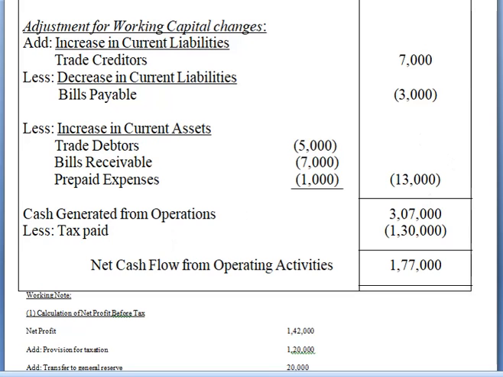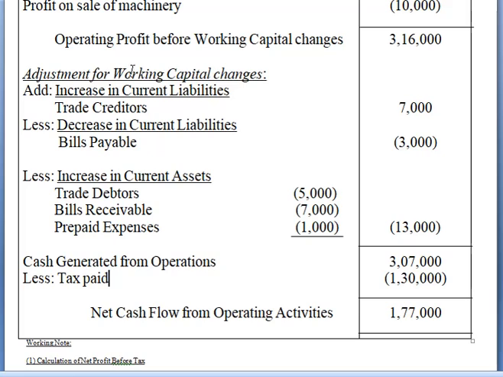So after doing the adjustment for working capital changes, instead of getting net cash flow from operating activities, you get cash generated from operations, 3,07,000, from which you have to subtract tax paid, and you will get 1,77,000 as net cash flow from operating activities.